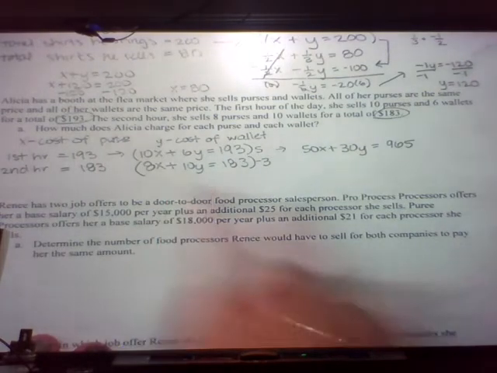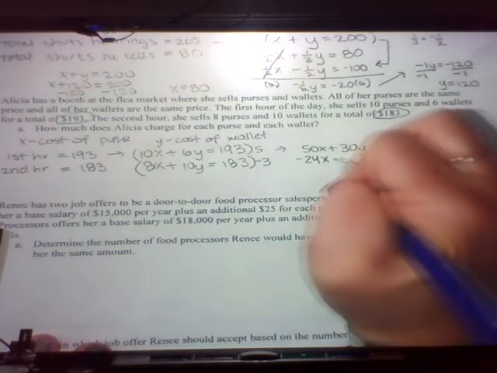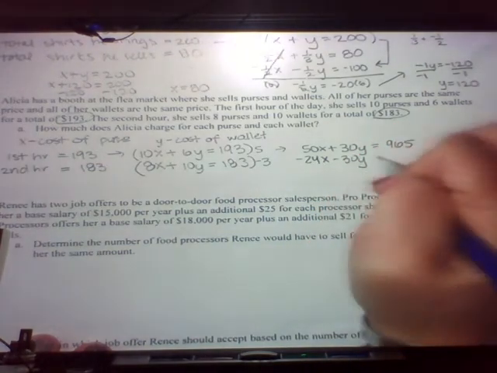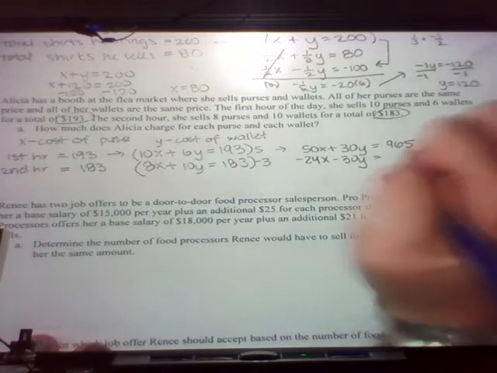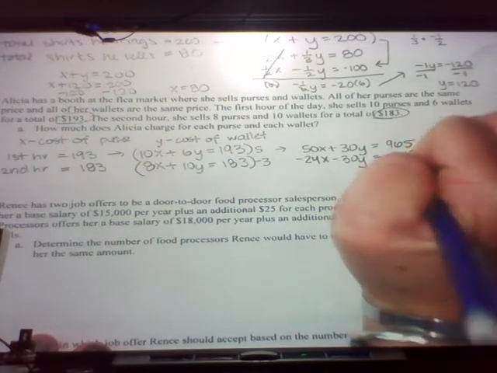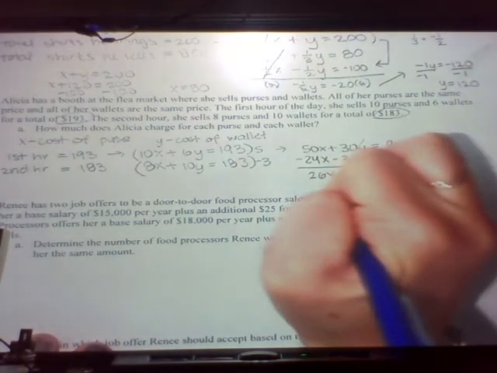So -3 times 8 is -24x. -3 times 10, there's the opposite that I'm looking for. So those will cancel. And then 183 times -3 is -549. My y's cancel. That was the whole point of multiplying by those numbers, to get coefficients that were the same but opposite signs. 50 plus a -24 is a positive 26x.